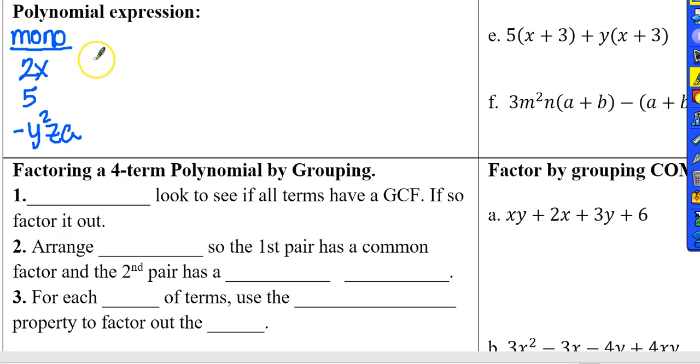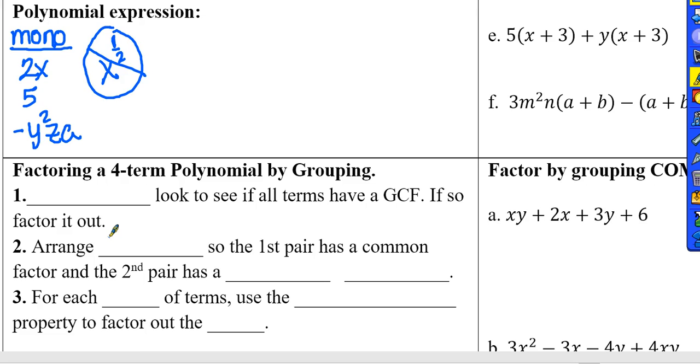Let's talk about some things that monomials are not. X to the half power. We're going to put a little slash sign through that. This is not a monomial. It is not a polynomial because that says the square root of x, and our x's have to be unencumbered.